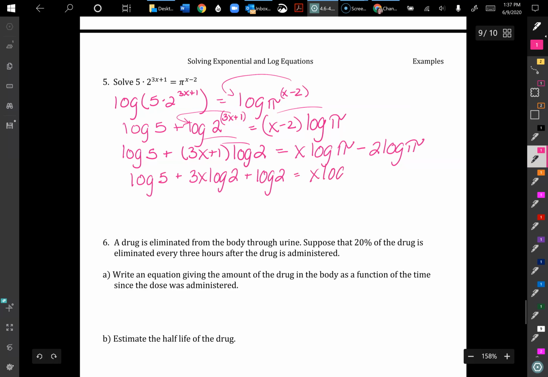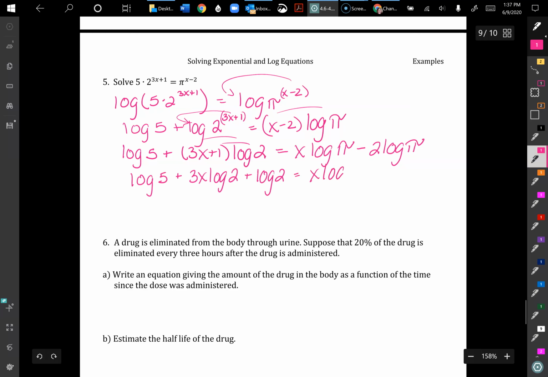Okay, so now I'm going to factor out the x here. So I have x times 3 log 2 minus log pi equals all this stuff, which is going to end up being over the 3 log 2 minus log pi.